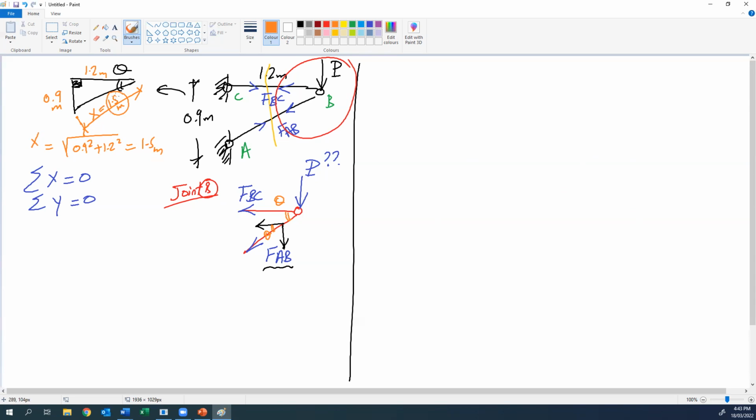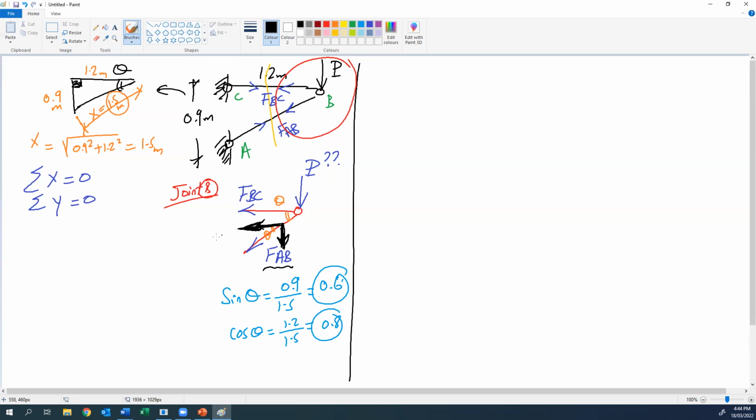Okay. So if you know the opposite and the adjacent and the hypotenuse, now we know that sine theta will be the opposite, 0.9 over 1.5. Cosine will be the adjacent, 1.2 over 1.5. So 0.9 over 1.5 will be 0.6, and 1.2 over 1.5 will be 0.8. Okay, so can you tell me how much is the horizontal component here and how much is the vertical component?